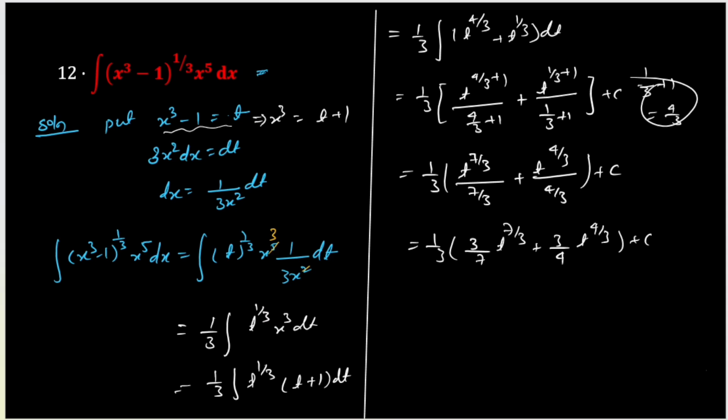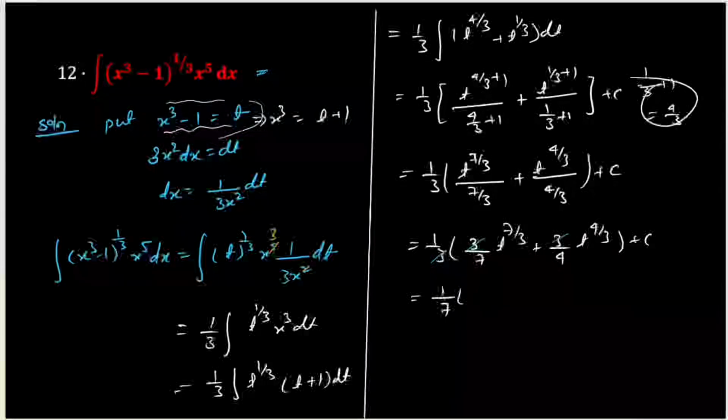Here 3 and 3, so 3 is cancelled. So we can write 1 by 7 and t is replaced in terms of x here.